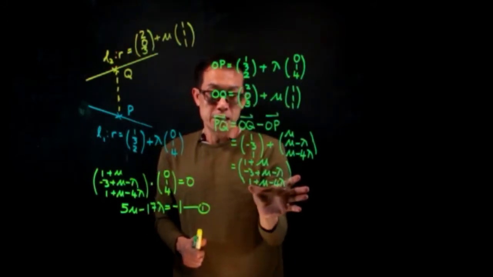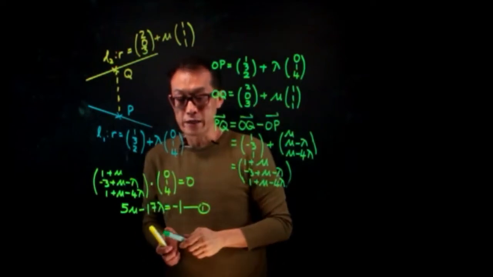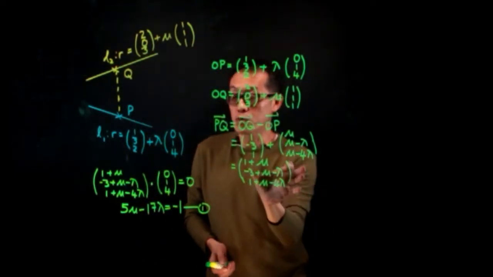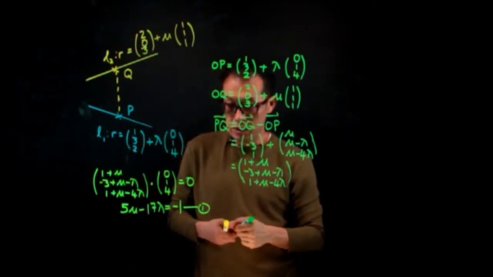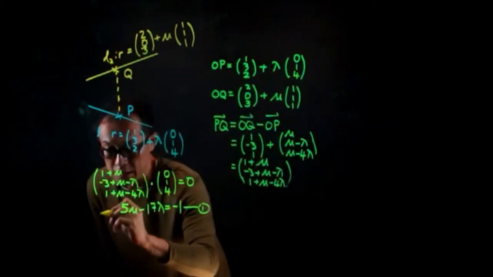Now, the other one is I can use PQ dot the direction vector of L2, which must be equal to 0 since they are perpendicular. Same thing here.